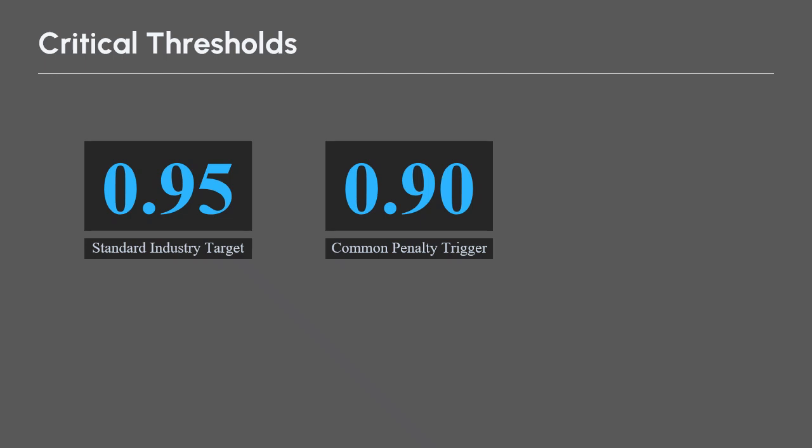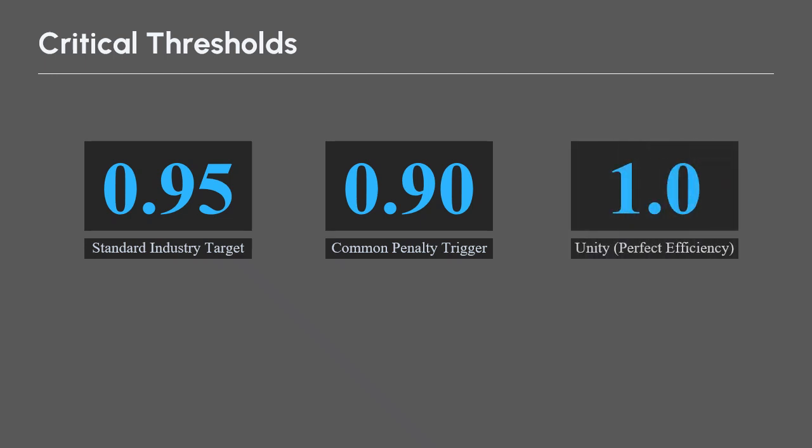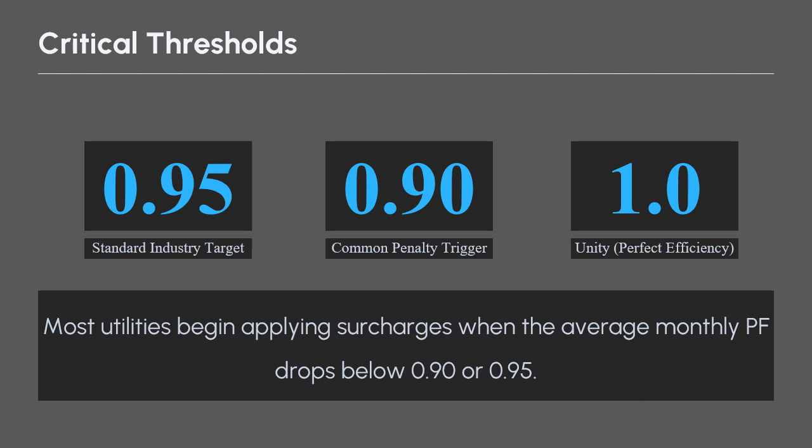Dropping below this often triggers the surcharge. 1.0, or unity, represents perfect efficiency, though it is difficult to achieve in practice. Most importantly, maintain an average monthly PF above your utility's trigger point, typically 0.90 or 0.95, to protect your bottom line.